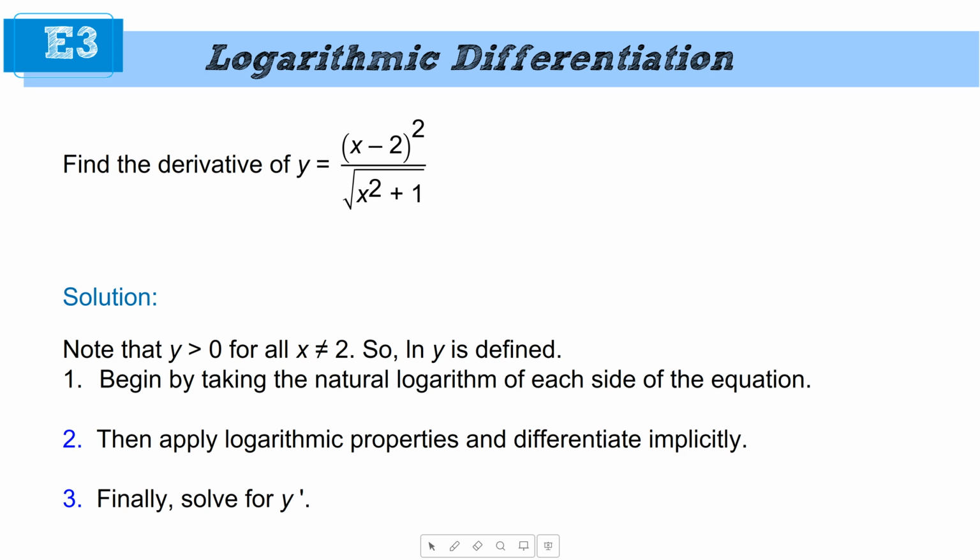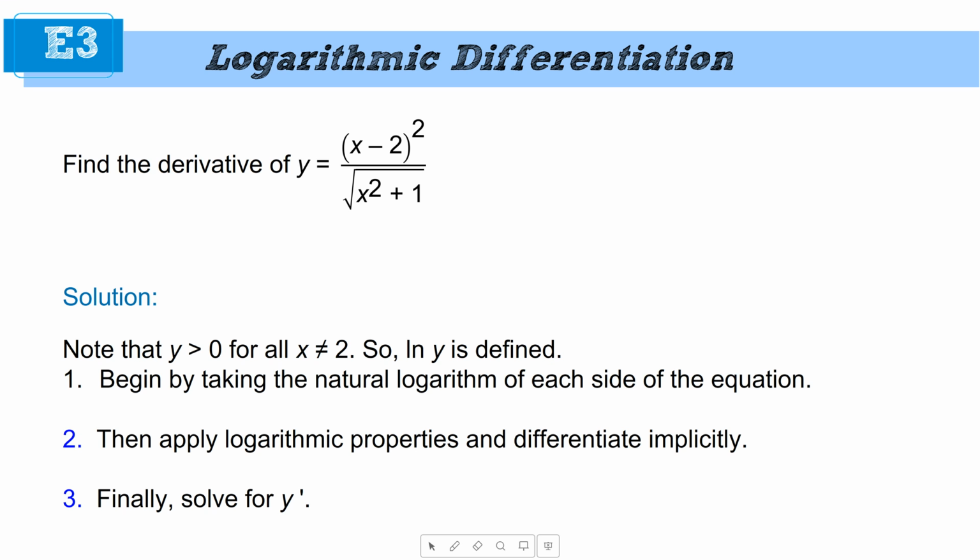The problem is, hopefully you can appreciate how absolutely nasty that derivative would be. I've got a quotient rule with two chain rules wrapped up inside of it. Now, is it doable? Absolutely. But it's much more doable using logarithmic differentiation.